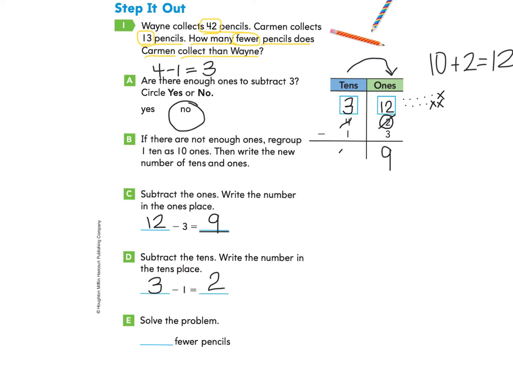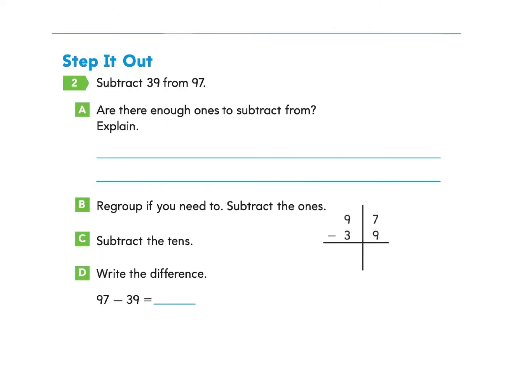And we're also going to write that here in the tens column. So now we have answered the problem, how many fewer pencils does Carmen collect than Wayne? And we can answer that it is 29 fewer pencils. Let's take a look at the next page.